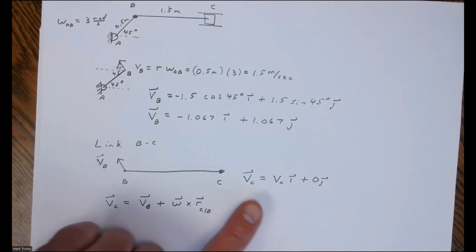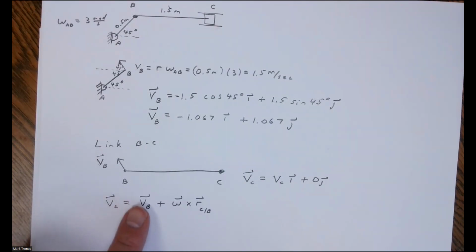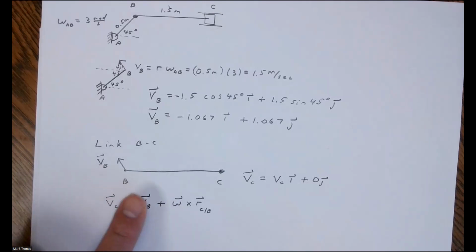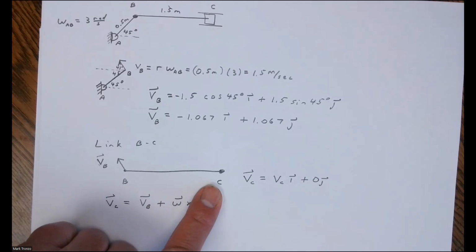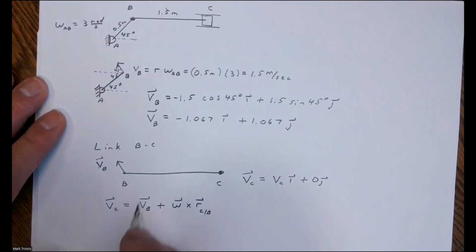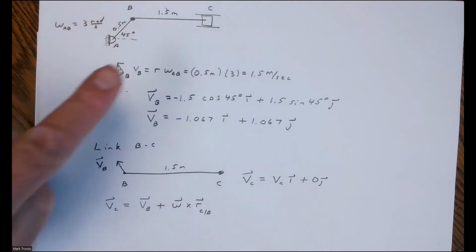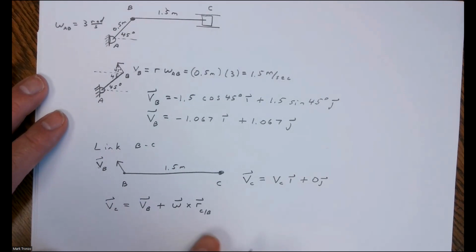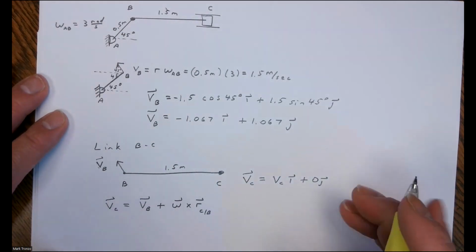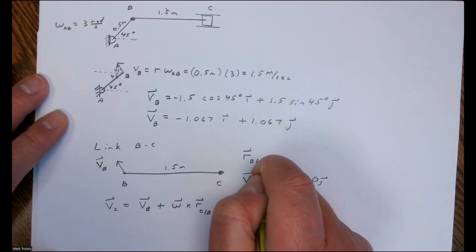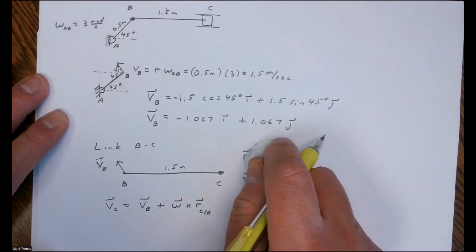Now we know VC and also the RCB, we're going to need that. So RCB, that means if you're starting at B and you want to go to C, and we know that this link is 1.5 meters long from up here. So to go from B to C, let me write it up here, RCB.